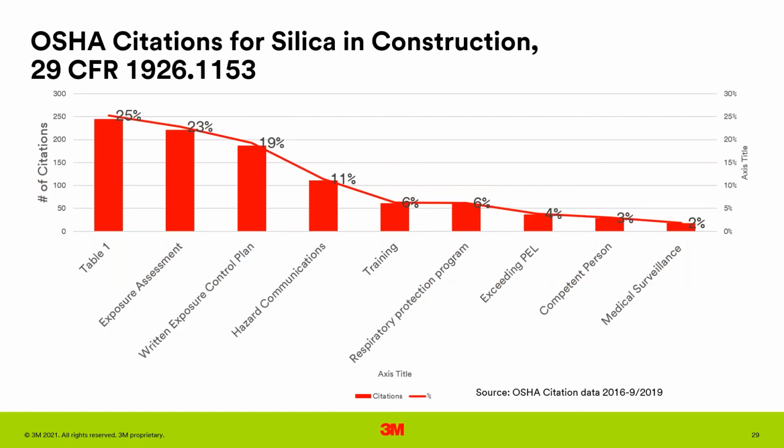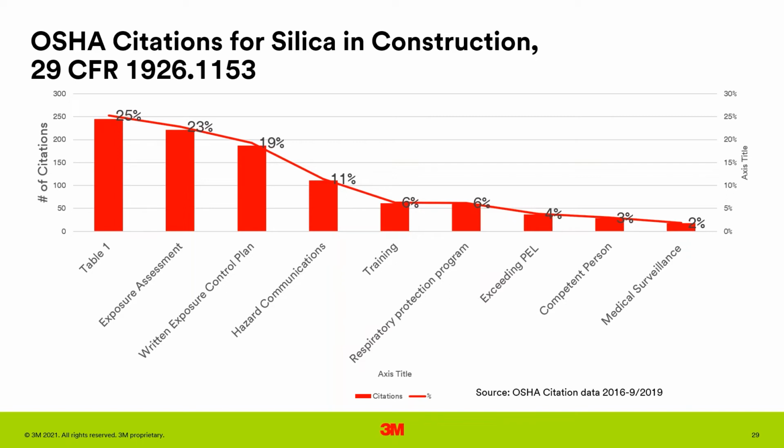One of the things to think about is that silica citations generally fall around three key areas. First is Table 1, then the exposure assessment, and then having a written exposure control plan. So what does this mean for me as a sales rep? Table 1 specifies what type of controls people have to use to minimize silica dust, including water controls and other engineering controls they need to put in place.